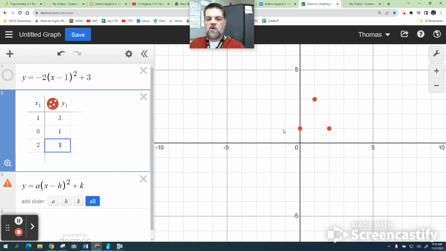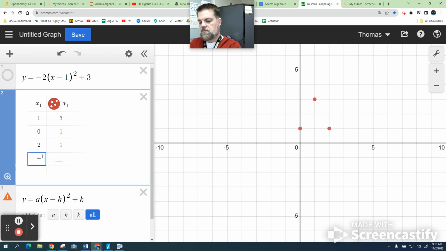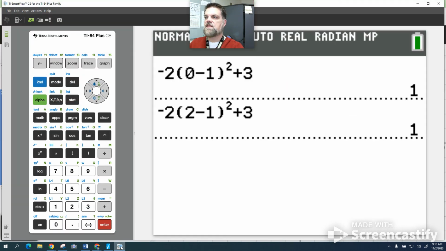All right, let's do the next point. So the next point this way is what number? -1. Let's plug that in our calculator. Yes? I got 5 for the equation when we plugged in 0. When you plugged in 0? Where's your square? You forgot the square of the thing. I was like, this is wrong. Okay.